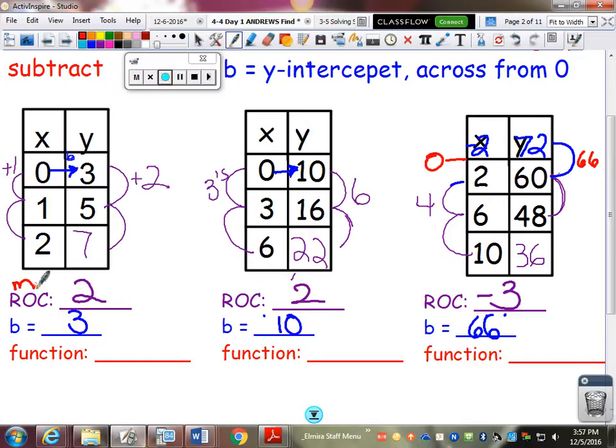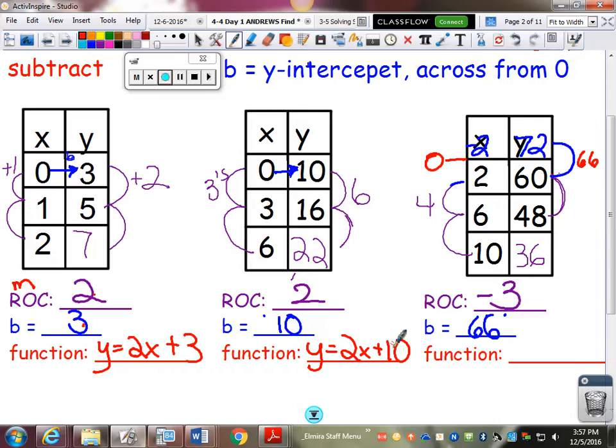So to write a function rule, we'll start off writing y equals mx, so 2x plus b, 3. All you're doing is subbing in the 2 for the m and the 3 for the b. Okay? y equals 2x plus 10.